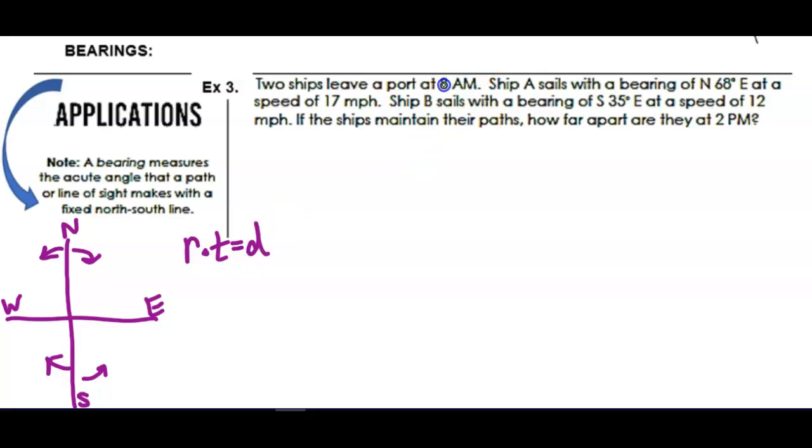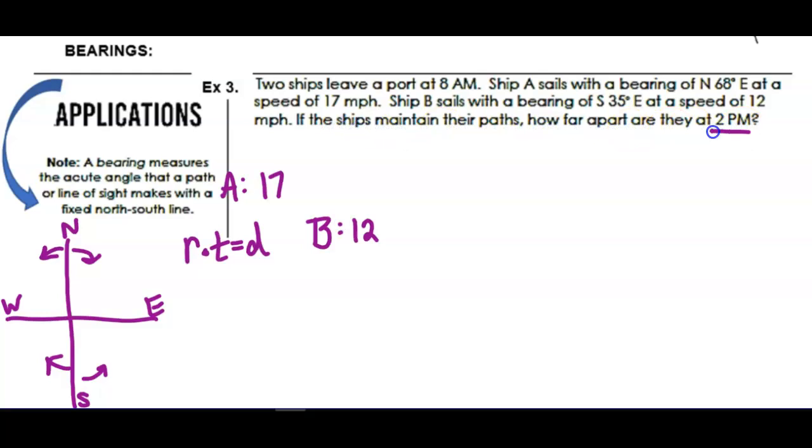It says 2 ships leave a port at 8 a.m. Ship A sails with a bearing of blah, blah, blah at 17 miles an hour. So its rate is 17 for ship A. And ship B is a bearing of blah, blah, blah at a speed of 12. And their paths continue.